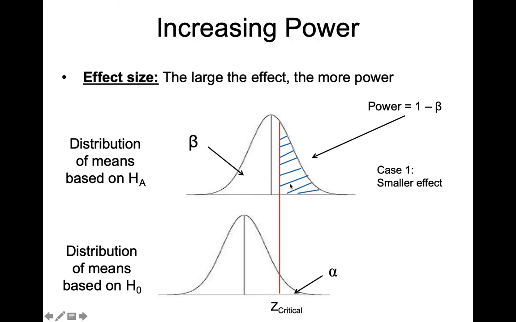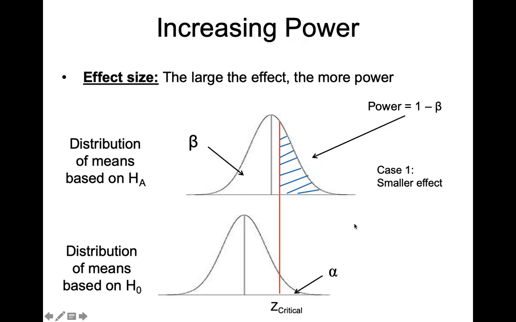We've shifted over this distribution of means because we've shifted over people in the population. Their scores are better, but not by a lot. In terms of all the means that we could sample from that treated population that does have improved test scores, this is the percentage of means that would be above our critical level, that would fall in this critical region, and beta would be the percentage that wouldn't.